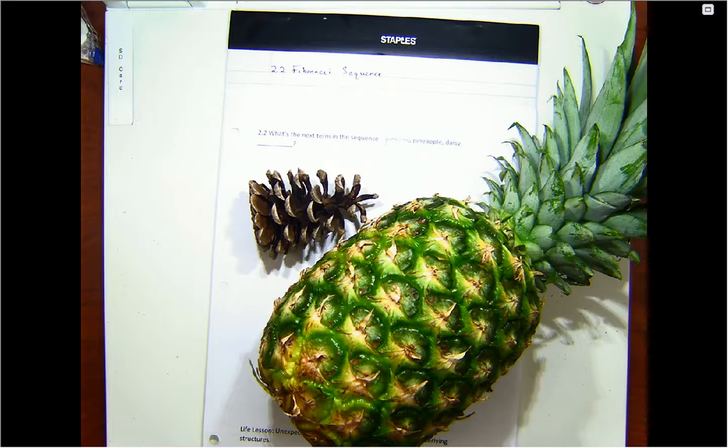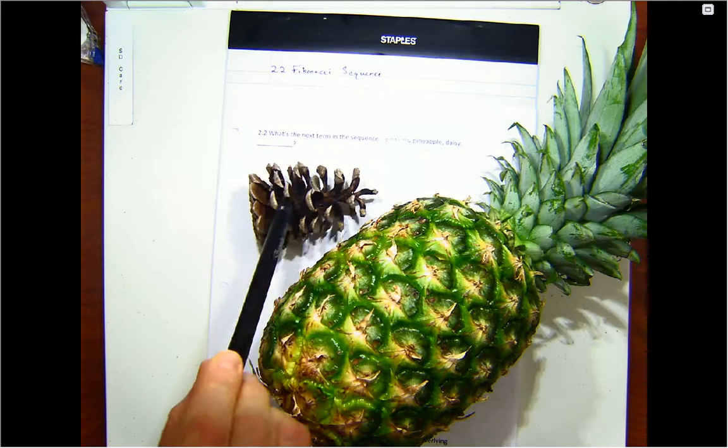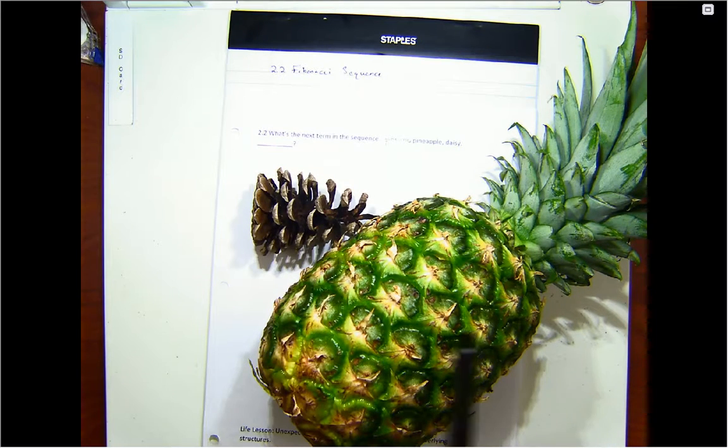Anybody see some similarities between these? With little things going on. Okay, so they have these little things sticking out. Yeah. That is why we gather them together.